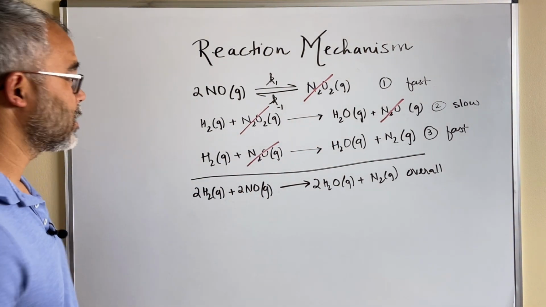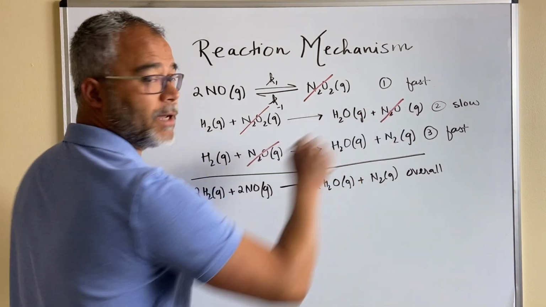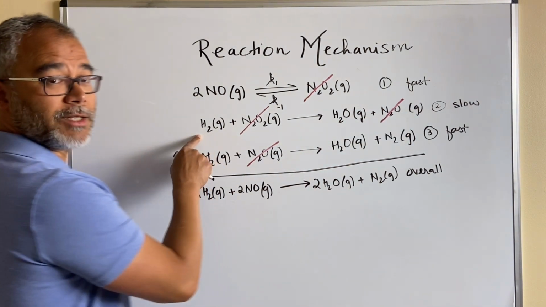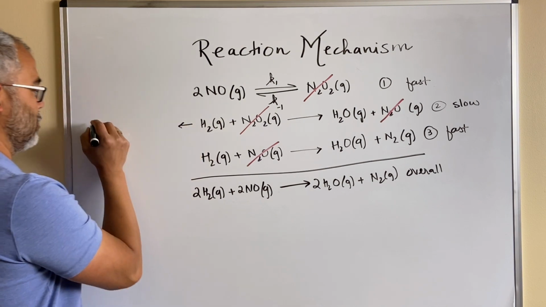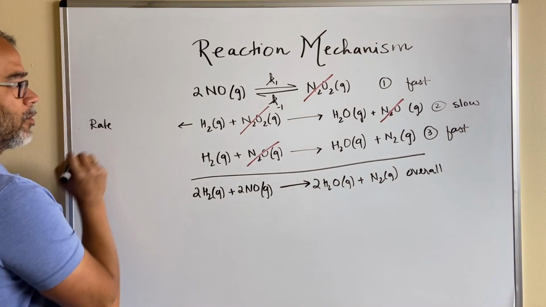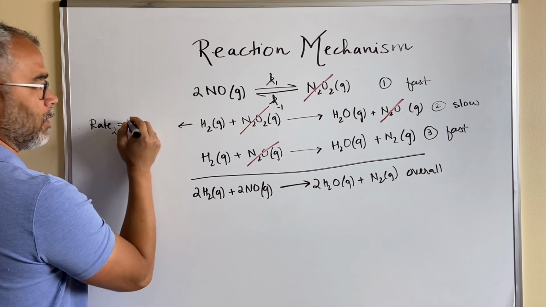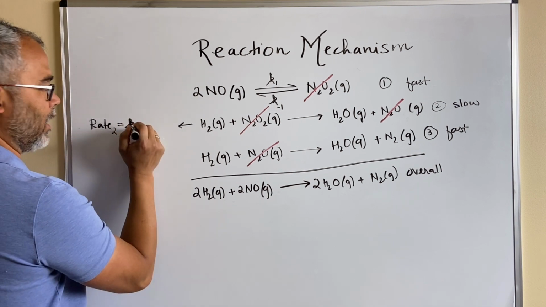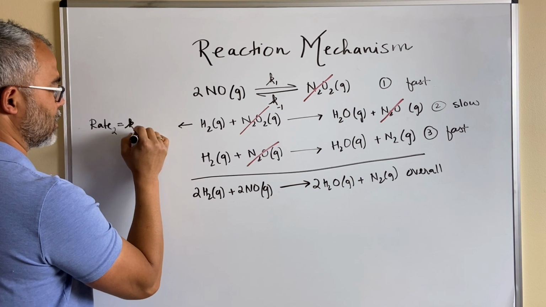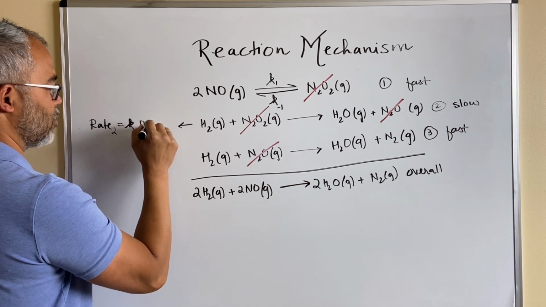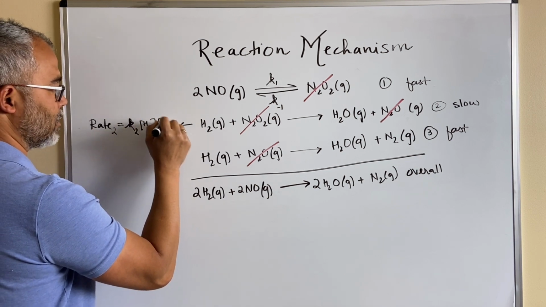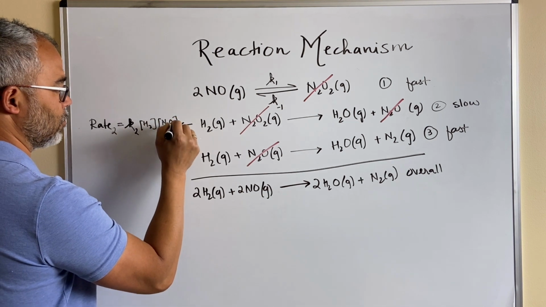As we said previously, the slowest step is what determines the rate. So let's write the rate law for the slowest step. The rate for this step, let's call that rate 2, is equal to k2 times H2 times N2O2.